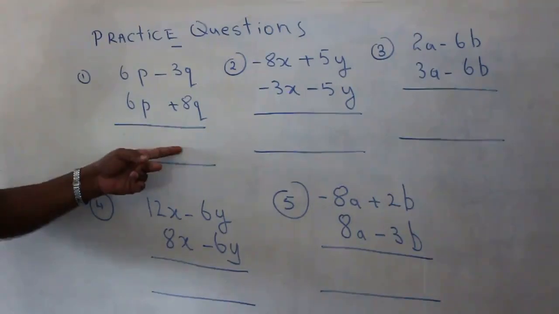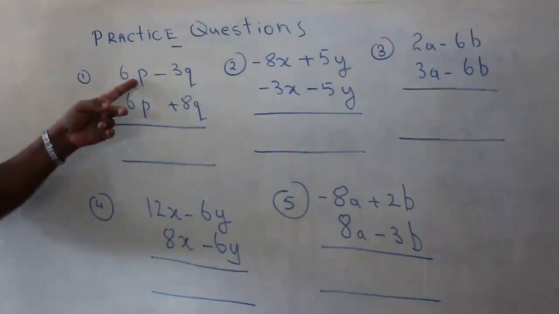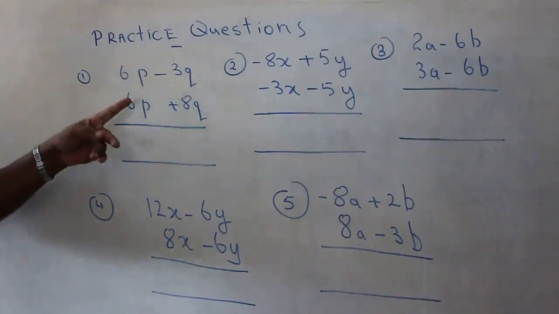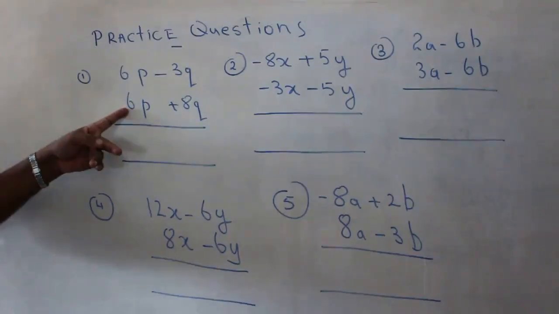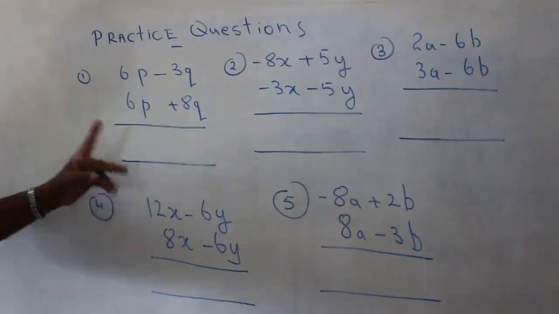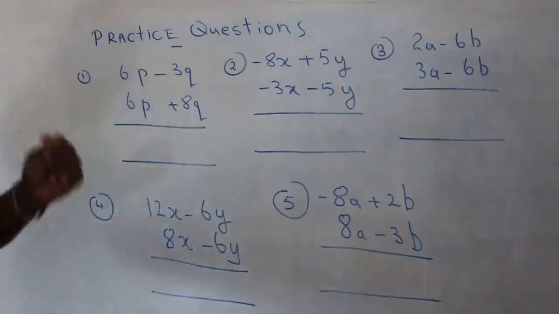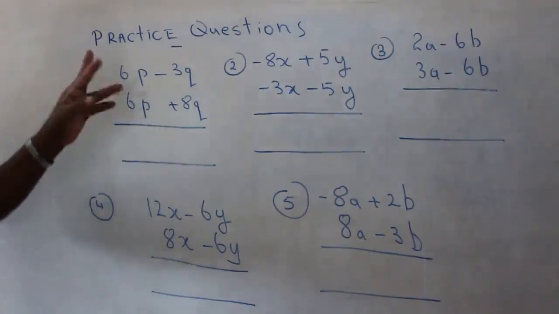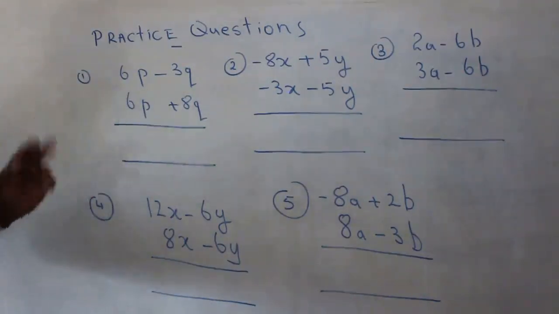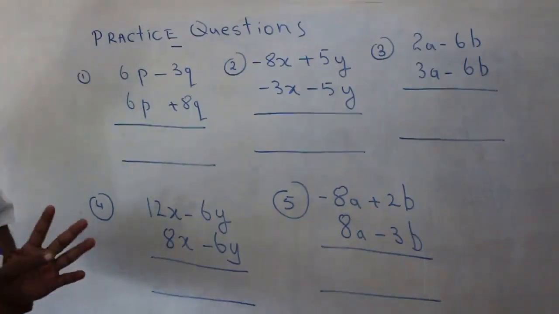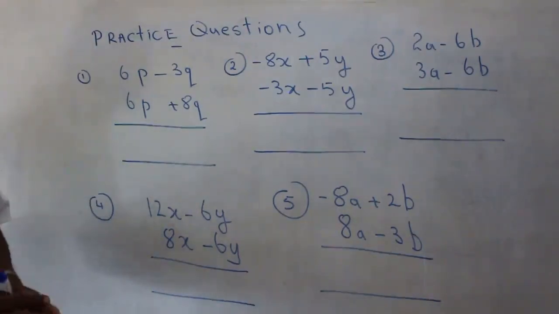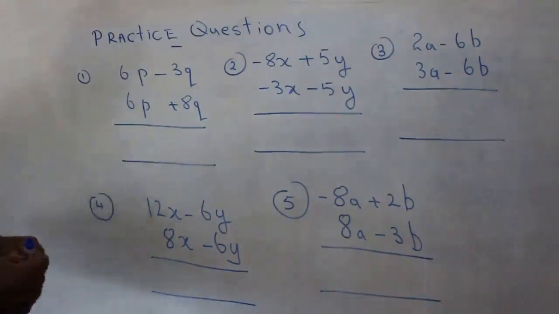So there is the answer there. 6p, that is plus 6p plus 6p, you add, you get an answer 12p. So none of the letters will disappear. Our target is what? The p. The p will not disappear. So if it does not disappear by adding, you have only another alternative. It will be the subtraction.